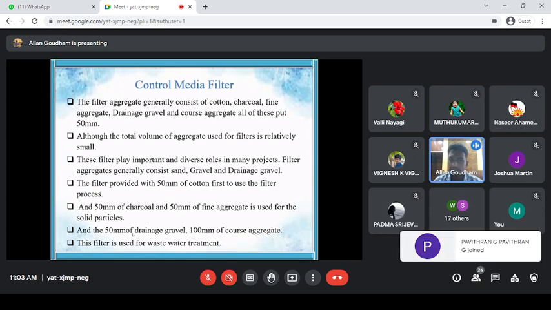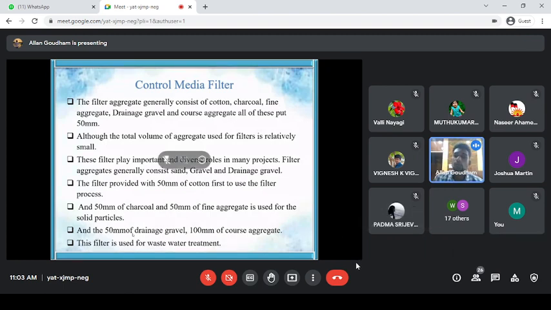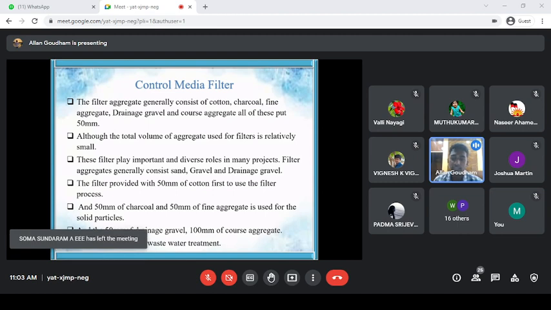After that we add sand, that is, a fine aggregate. Then we add separation gravel and also drainage gravel. For the control media filter, we use the drainage gravel for 100 mm.